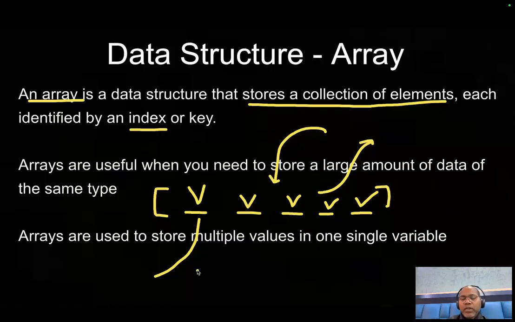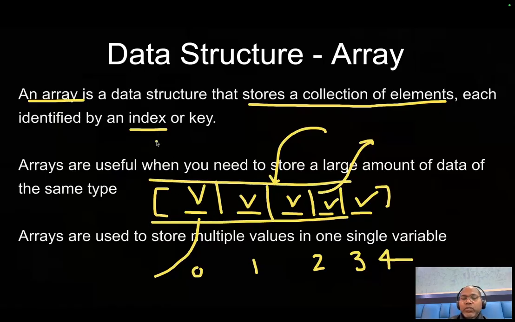Index is just an integer number: this is 0, this is 1, this is 2, this is 3, this is 4. Whatever values are stored, you can retrieve each and every value by its index. So you can say an array is an indexed data structure, meaning all the elements you are storing are considered indexed elements.